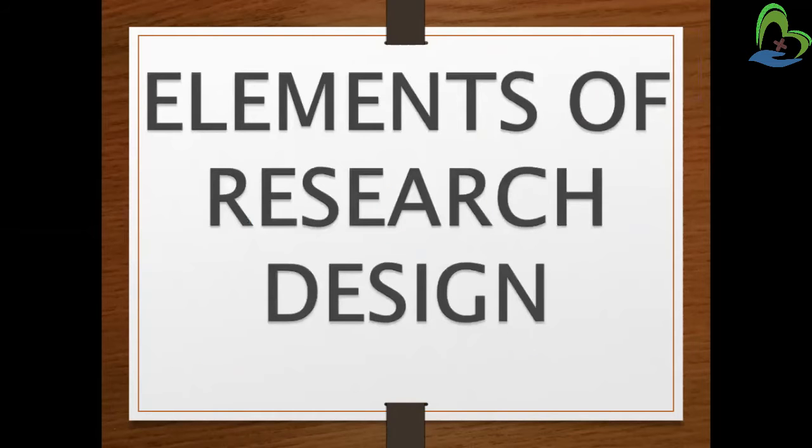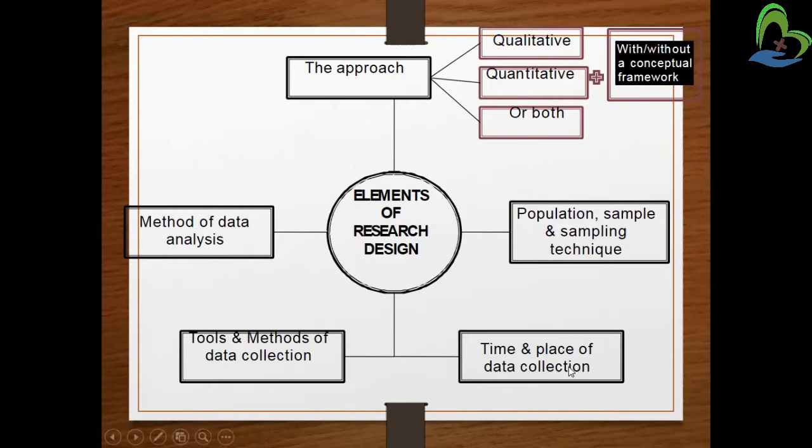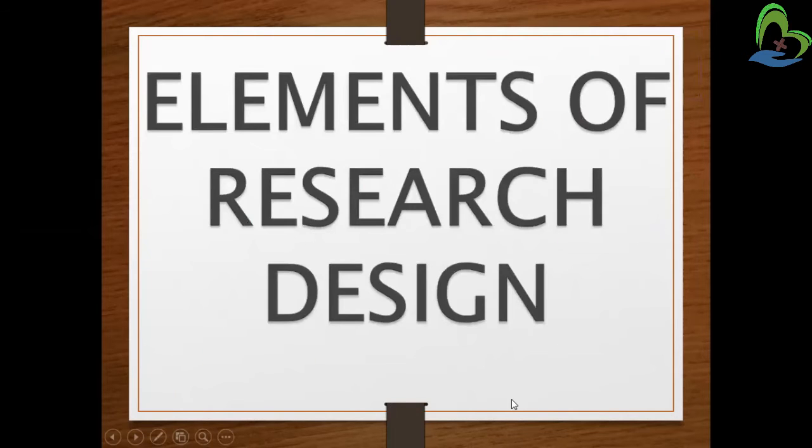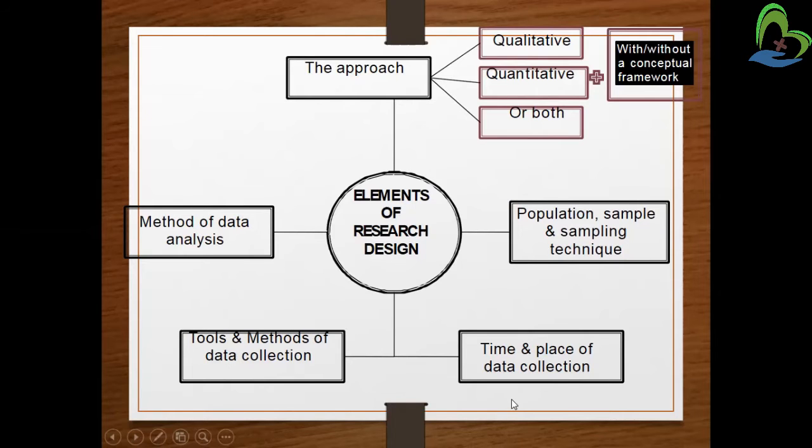Then my data will be collected. Then the time and place of data collection, that is what I am setting, and the period of study. So these are the elements of research design.